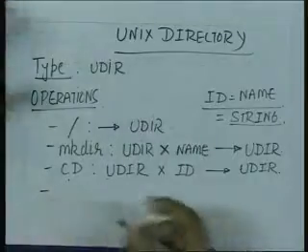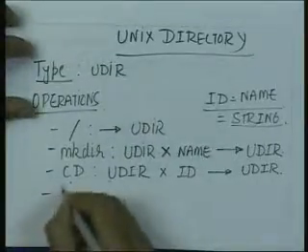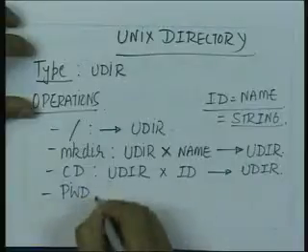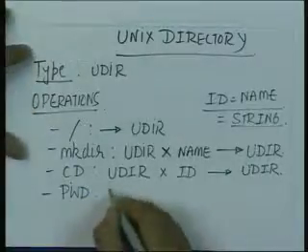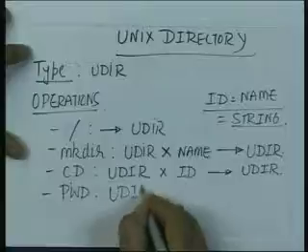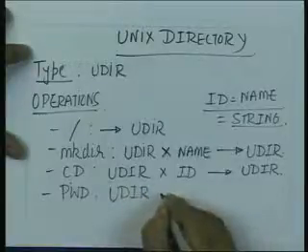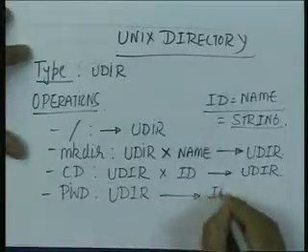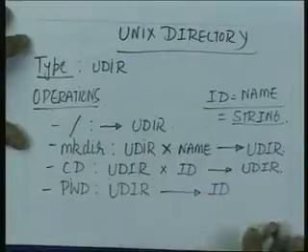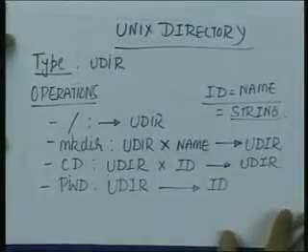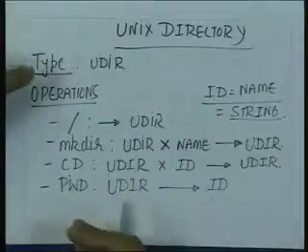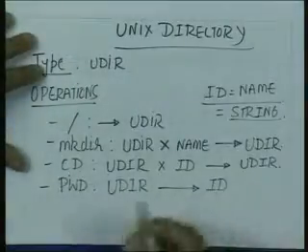Now what are the other operations that can be performed on the Unix directory? One of them is pwd, or present working directory, which basically takes a directory as an argument and returns you back the ID or the name of the directory in the form of a string, right. All the way from the root, it is going to give you the path to the current working directory that you are at.